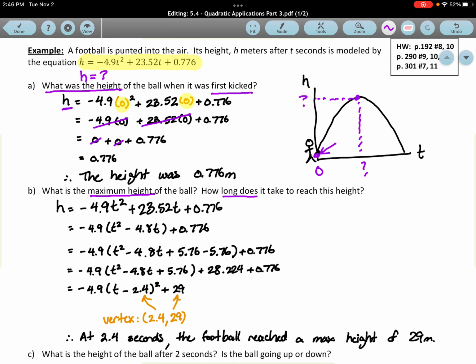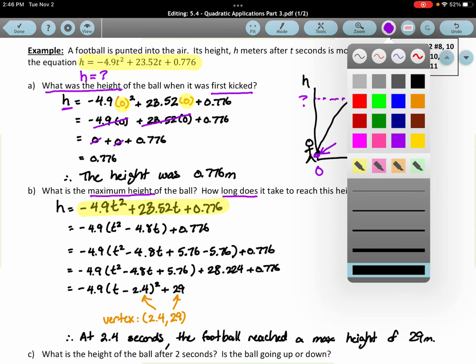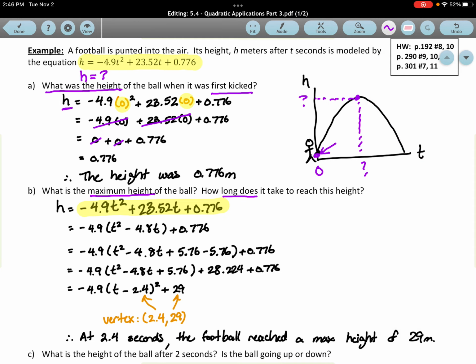Now, right now, it's in standard form, which isn't very helpful. We don't see the vertex right away. And so if you want the vertex, you're going to have to convert it all the way, completing the square in order to change it and convert it into vertex form. Because in vertex form, you can see the vertex very easily.